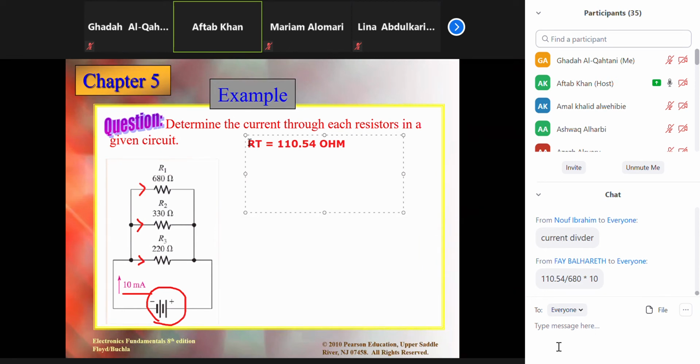Now calculate the value. Don't tell me the formula, I know all the formulas. You have a calculator, I don't. So calculate the final currents I1, I2, I3 and then tell me.